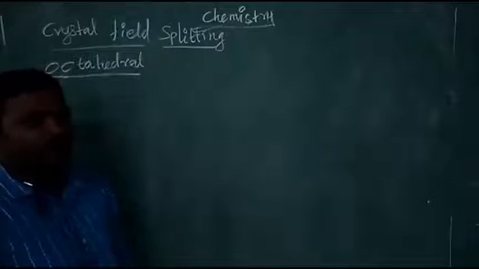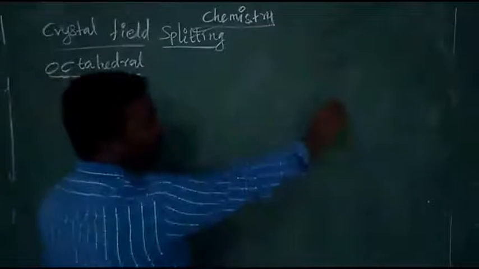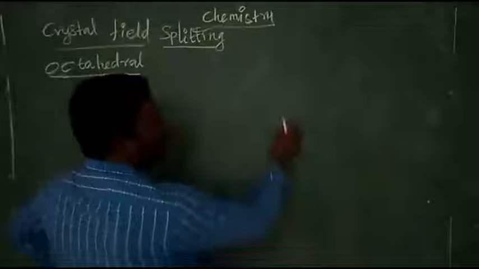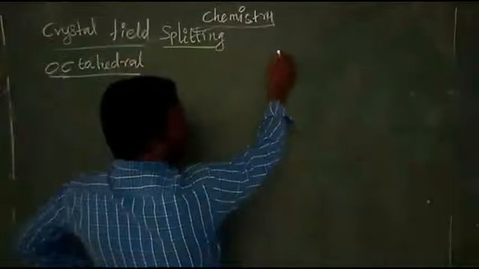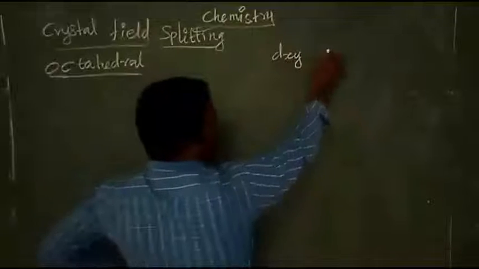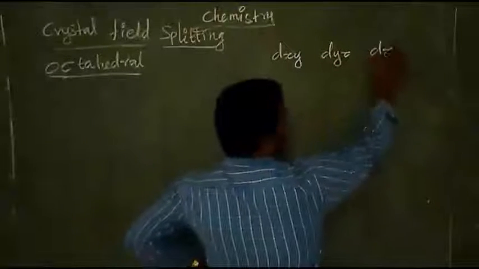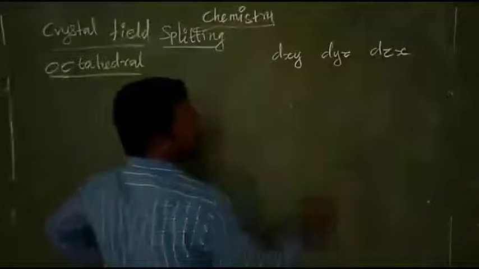What do you mean by degenerated orbitals? First you have to draw the 5 orientations of d orbitals. We know what the 5 orientations are: dxy, dyz, then dzx.